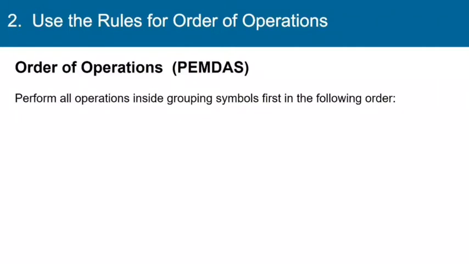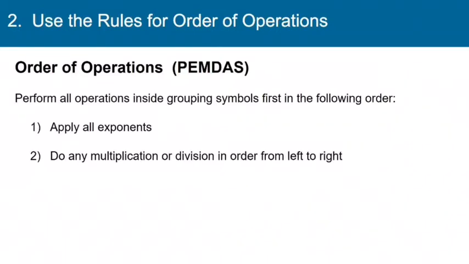So what we're going to do is perform all the operations that are inside any grouping symbols first. Now, by grouping symbols, we mean parentheses or brackets. And this is the order we're going to go in. First, we apply any exponents. Then we do all multiplying and dividing in order from left to right.